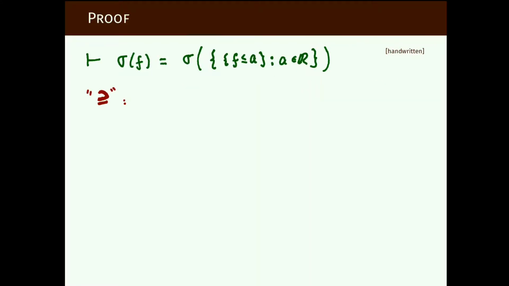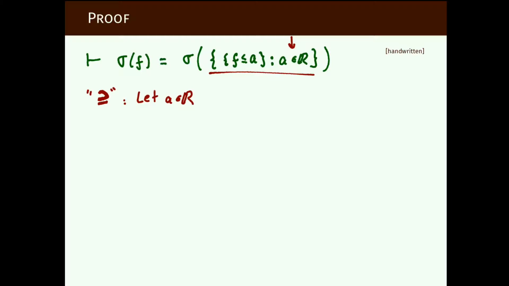In fact, let us prove the reverse inclusion first. So we let a be any real number, because we are making a claim about sets of a family that is indexed by real numbers.